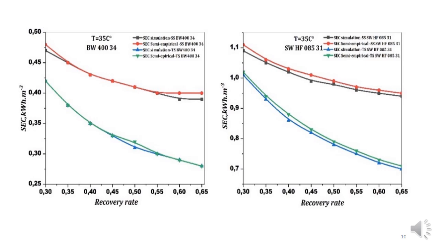This phenomenon holds for all scenarios encompassing both membrane types and stages within the study. It underscores the robustness and effectiveness of the semi-empirical model employed in this comprehensive analysis.